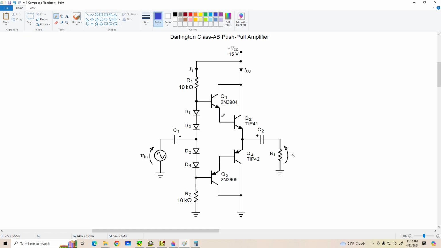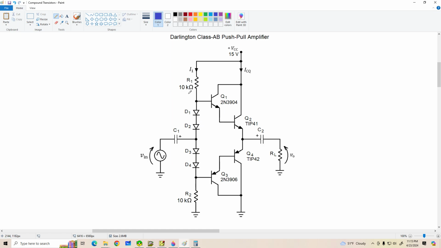We can't match them up to these transistors. It just doesn't work. So what we have to do here is kind of empirically figure out what R1 and R2 values work well for our transistor pairs and the diodes we're using. There are a lot of variables here, so you have to experiment with it a little bit.